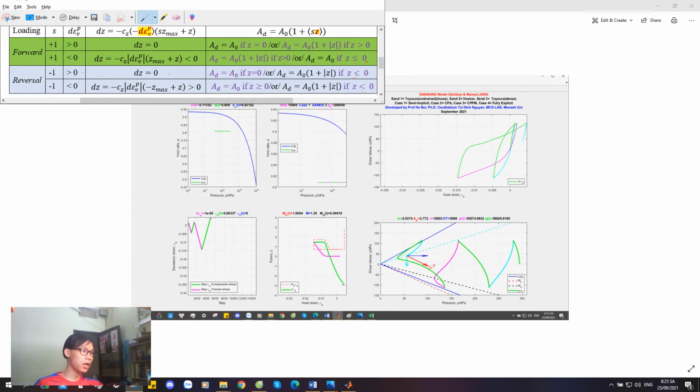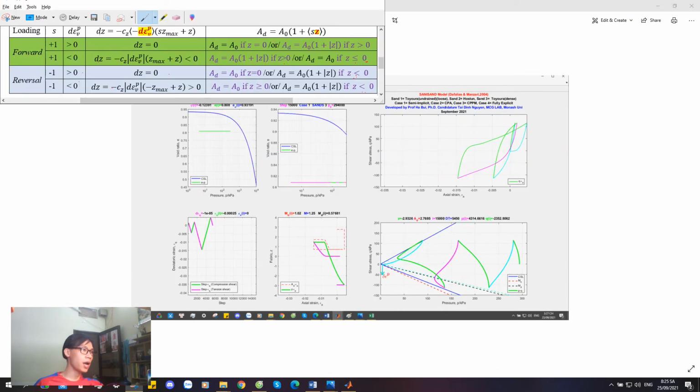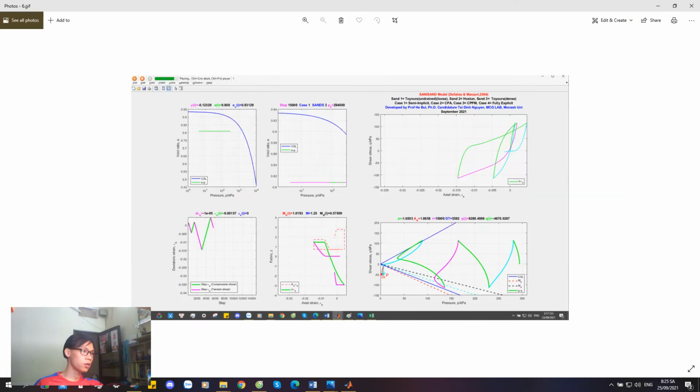You can see the AD when it is in the air reduces to the A0, and it stops when Z equals 0 and positive. It makes this formulation negative, so that AD is equal to 0. So Z increases and the AD is reduced like that.